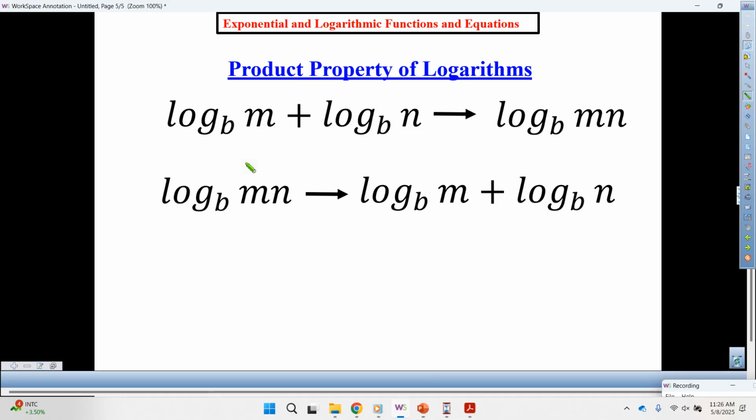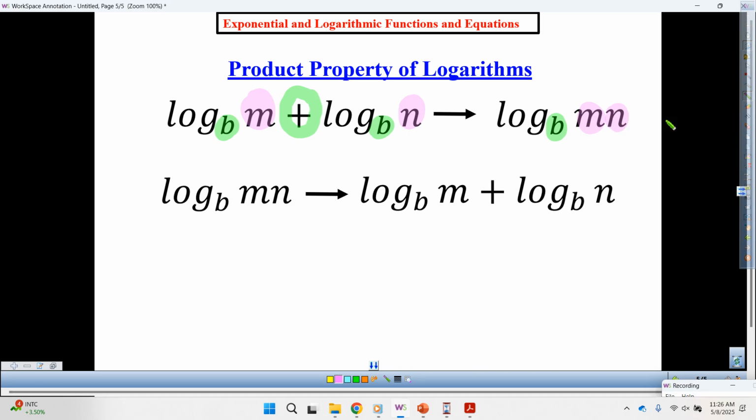Let's see if you see it. Is this log the same base as this one? Yes, they're both this. And what are they doing? They're being added. Therefore, if they're being added, we make them into one log of the same base. And what do we do with the given numbers? The given numbers for each log, we multiply them.